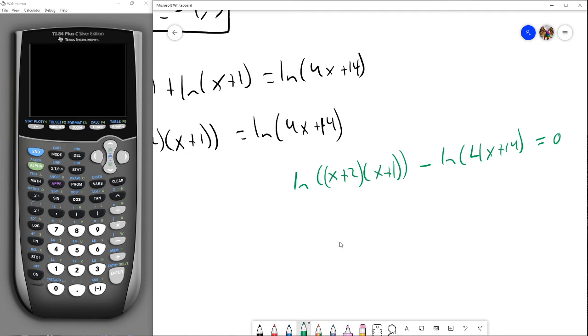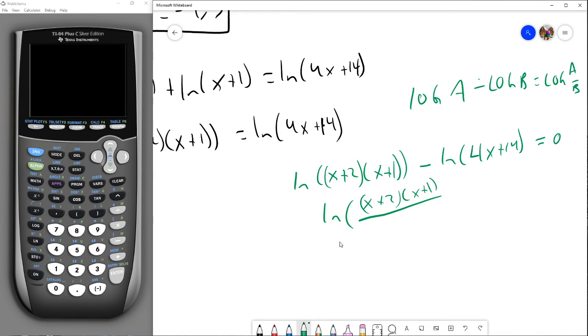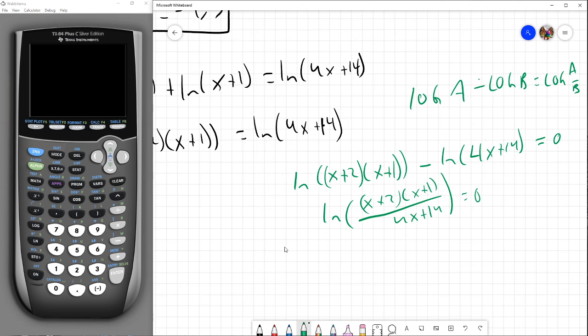We could use our law of logs here, where you have log of a minus log of b is equal to log of a over b. So then we would have this expression here inside a log, all of which would be equal to 0. This would take a little while to untangle, but it's doable.